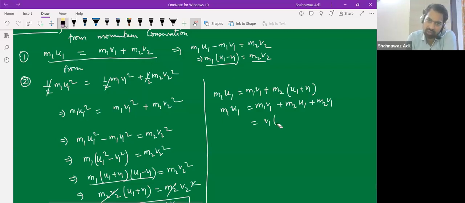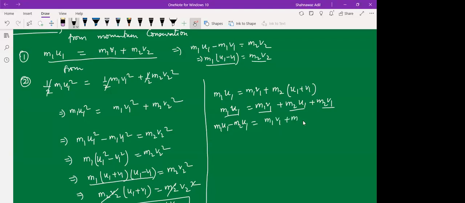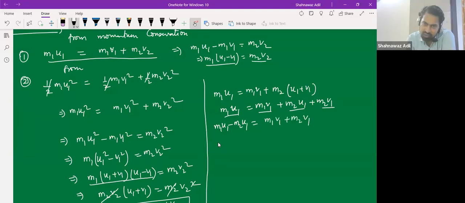So let me write it properly: all the V1 on one side, all the U1 on the other side. This would be M1 U1 minus M2 U1 equals M1 V1 plus M2 V1. So this is M1 minus M2, and this is M1 plus M2.